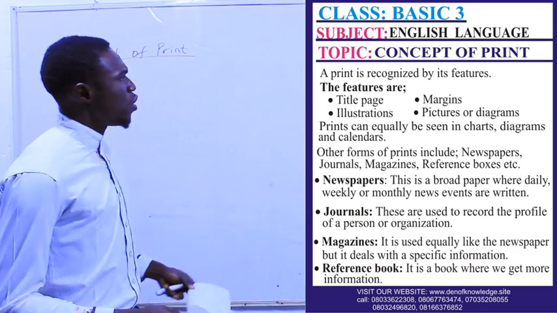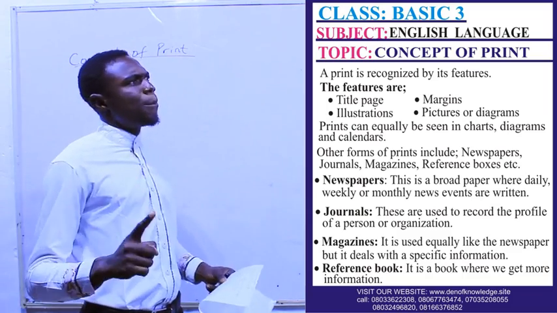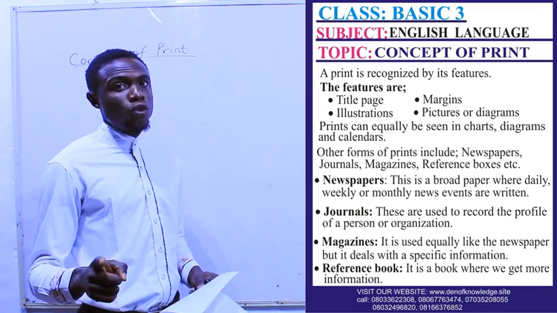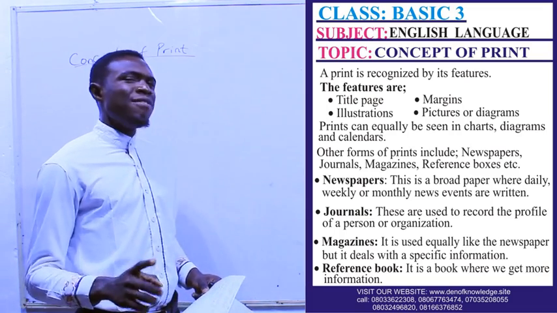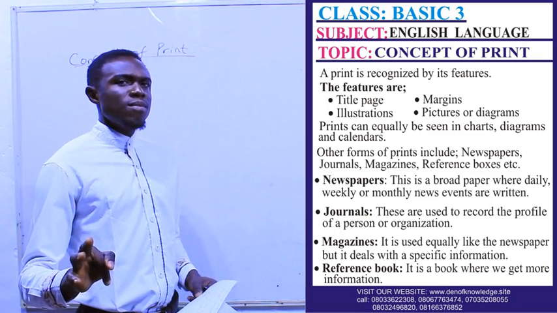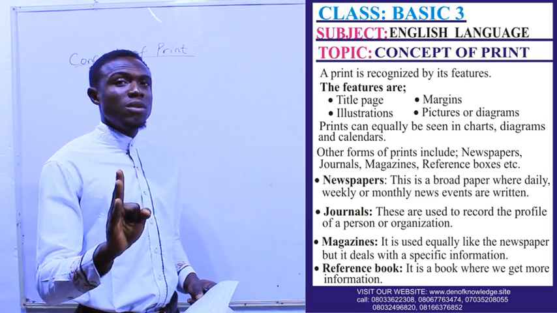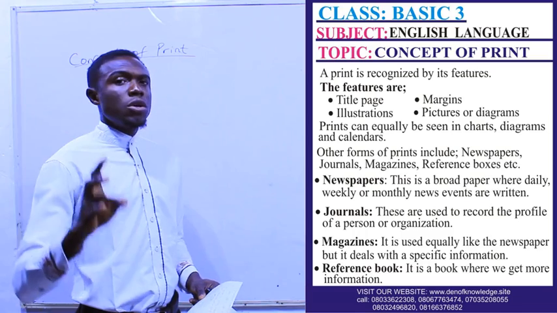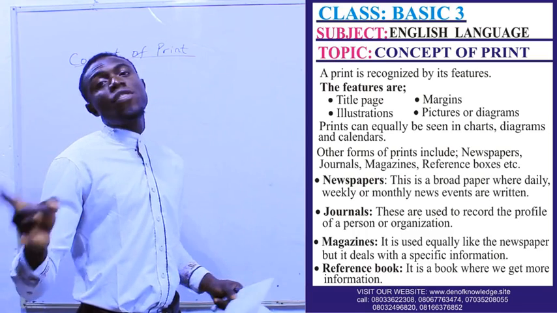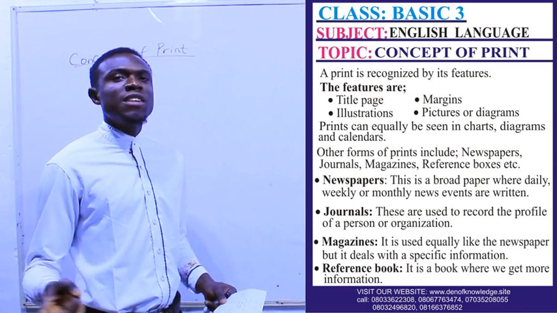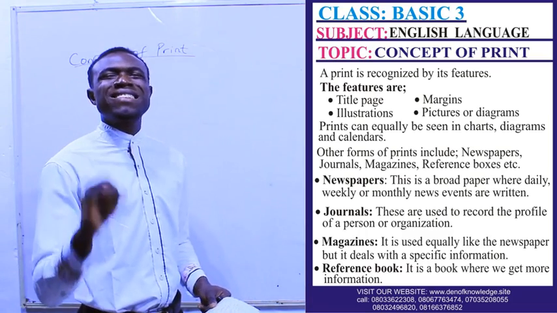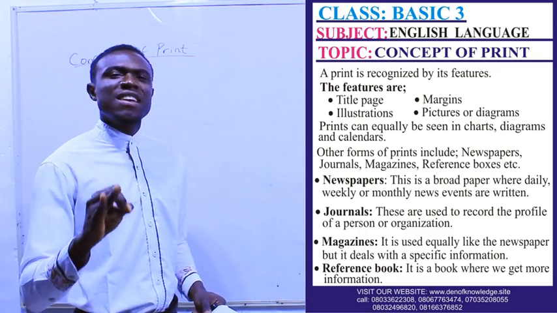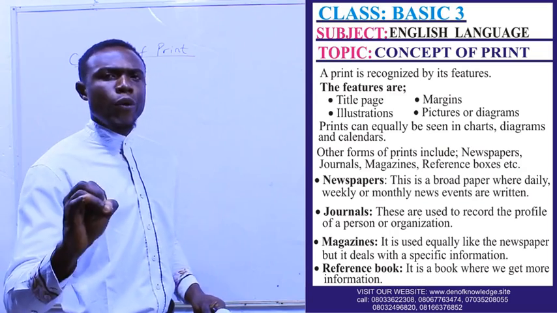I told you that a print or a book must have a title. It must have a cover page, back page, author or authors, depending. Then it must have pictures and text, and the text is made of words.